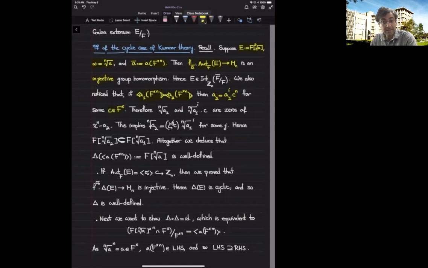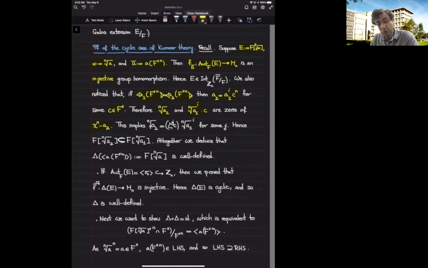Now, when I take nth root of these elements, this means when I take a solution of x to the n minus A sub 2, then nth root of A2 is one such solution. The nth root of A sub 1 to the i times C is another such solution.